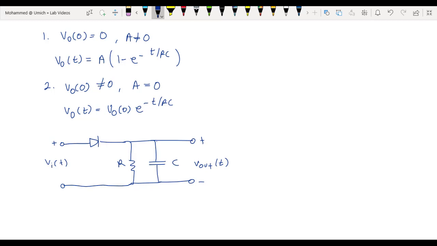Now, for simplicity of analysis, I'm going to assume temporarily that the turn-on voltage of the diode is 0 volts. So case 1. If V in of t minus V out of t is less than 0, which means that the diode is reverse biased.